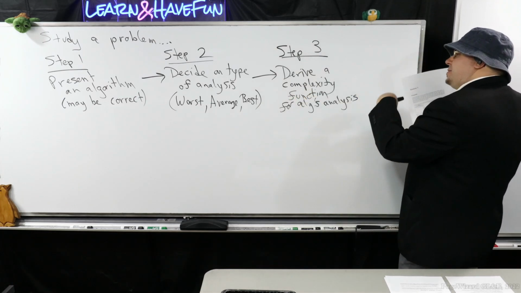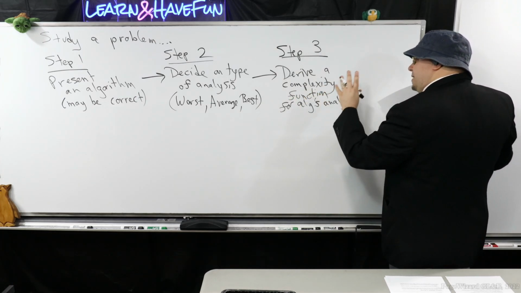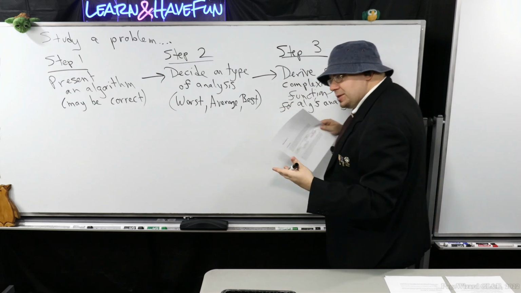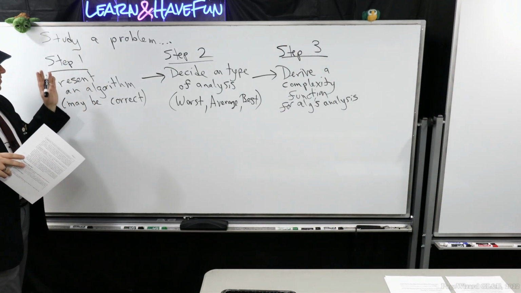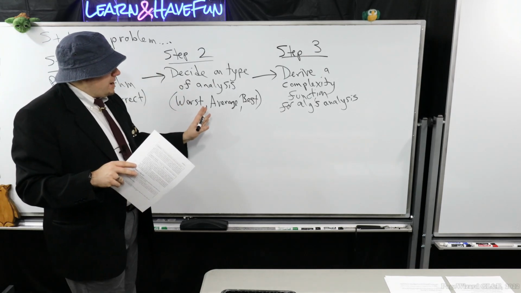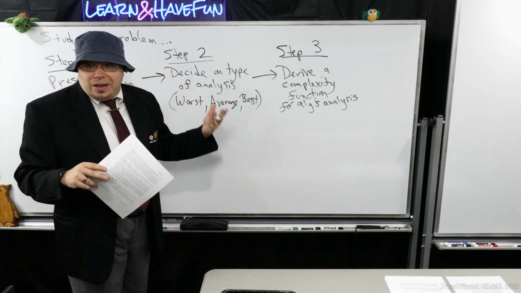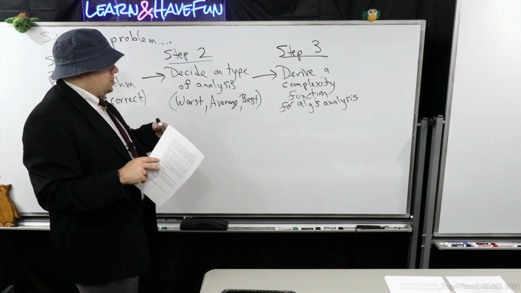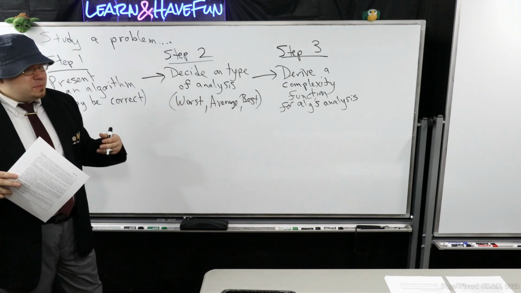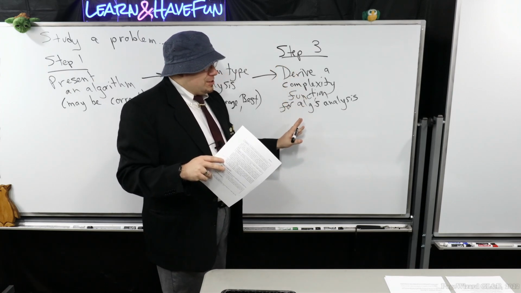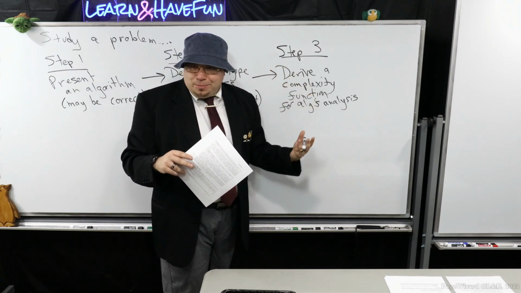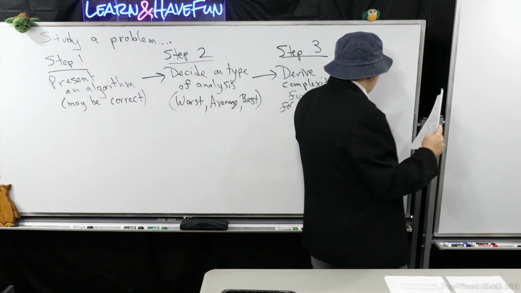Notice that if you do this well, then it will reflect the complexity for the given algorithm. Like I said, this entire process is: I give you an algorithm, I decide on the type of analysis, what I want to investigate about the algorithm, which usually gives us some insight into the problem. And of course, we derive this complexity function. This complexity function measures the complexity for a given size of the input.